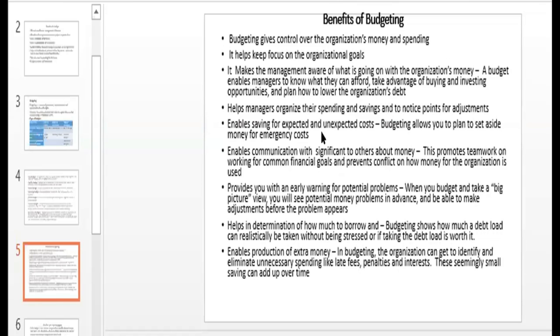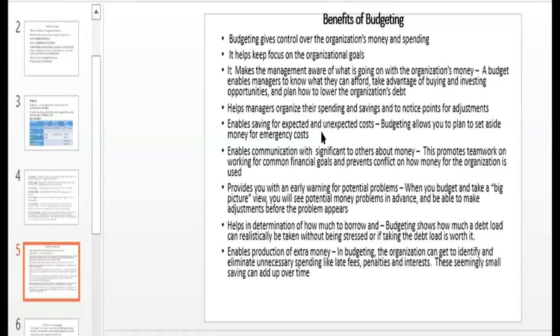Now, it provides you with an early warning for potential problems. When you budget and take a big picture view, you will see potential money problems in advance and be able to make adjustments before the problem appears. So we are able to cushion ourselves against problems if we have budgets than if we do not have budgets. So that is very important.